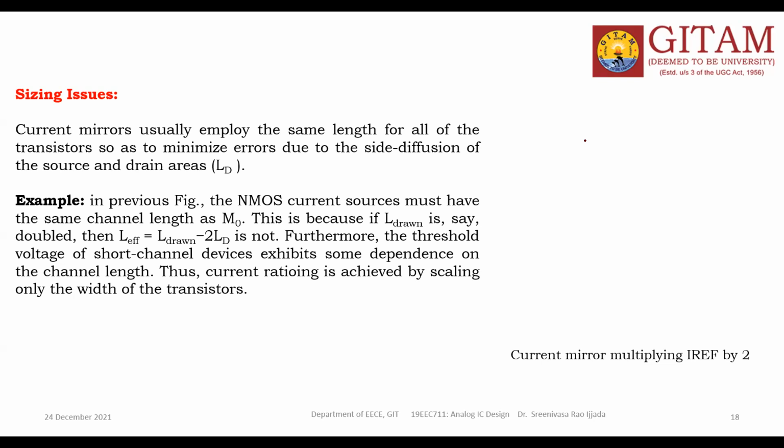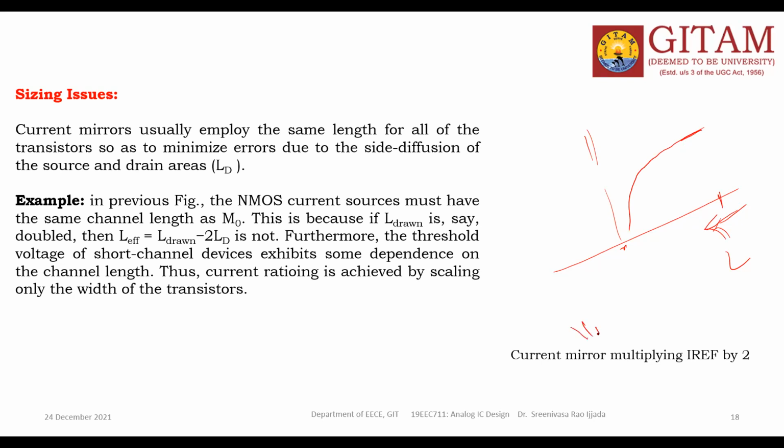That is VTH roll off. On the channel length axis, length is decreasing means you should come toward zero, from right to left. Suppose at this length your VTH value is this much. As the length of the device decreases, your VTH value is like this. This is called the VTH roll off.